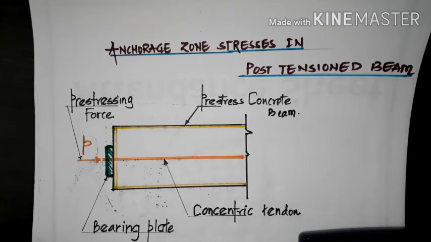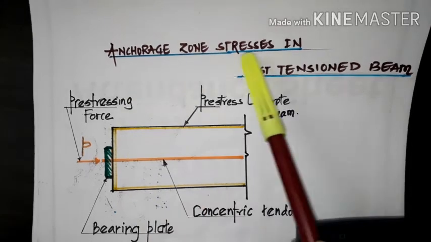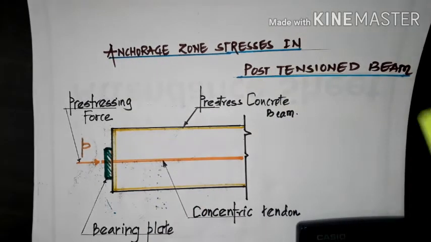Okay, so in today's session we are going to discuss the new chapter, that is anchorage zone stresses in post tension beam. What are the anchorage zone stresses in post tension beam?